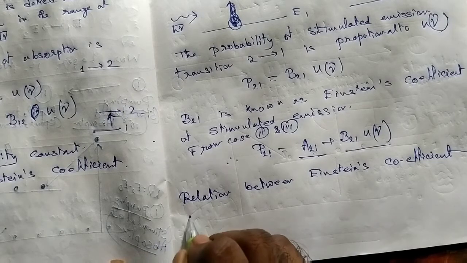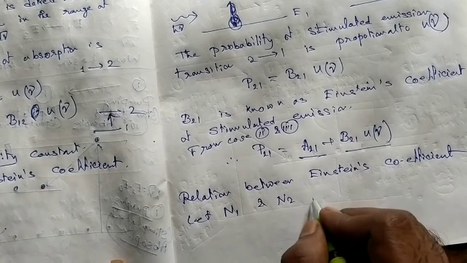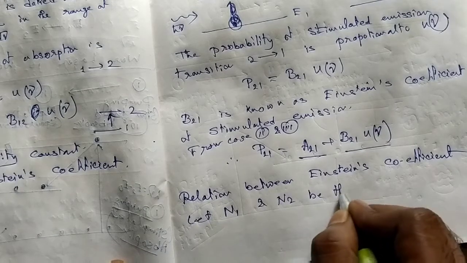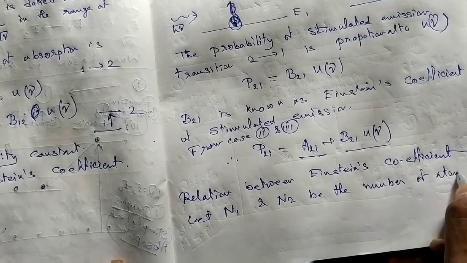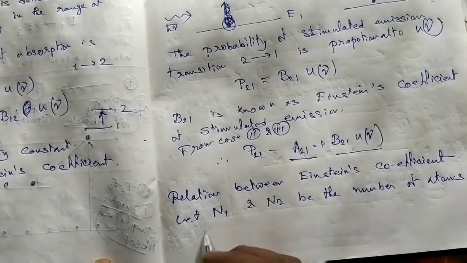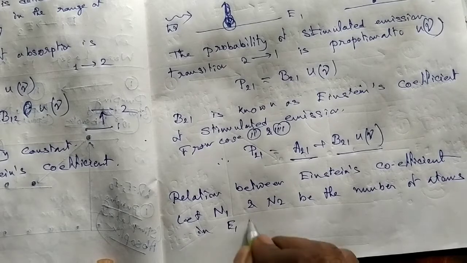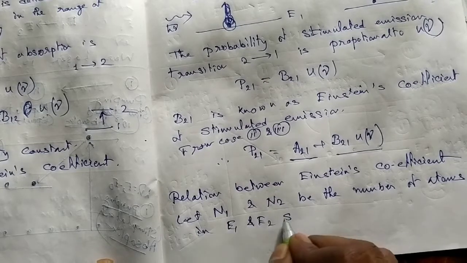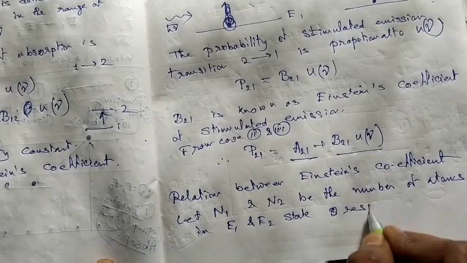Okay, let N1 and N2 be the number of atoms in E1 and E2 state respectively.